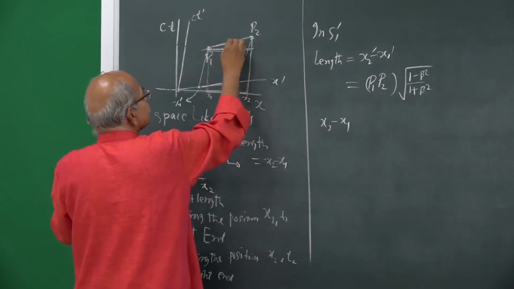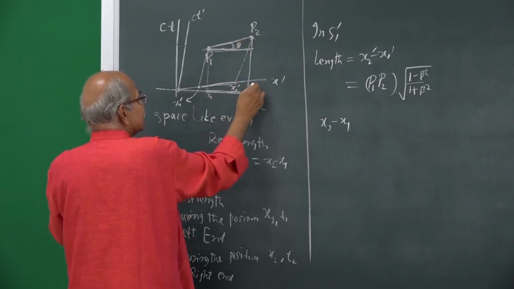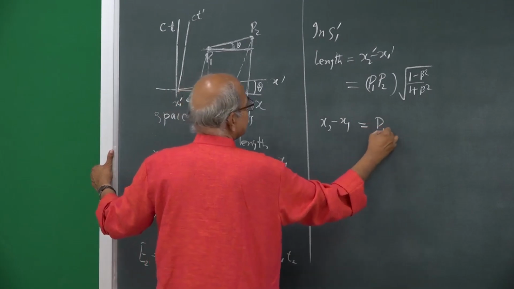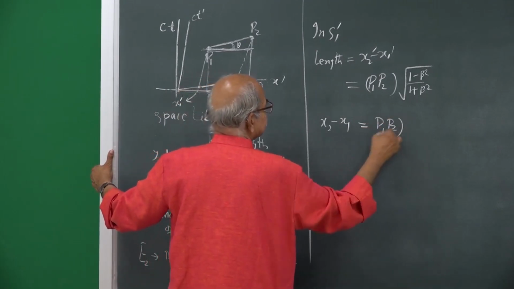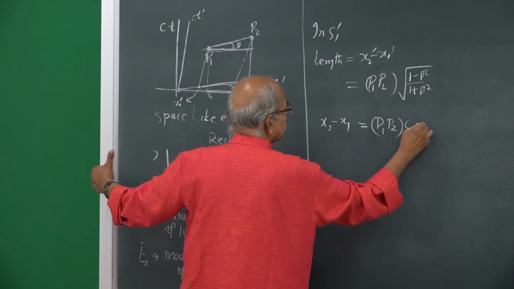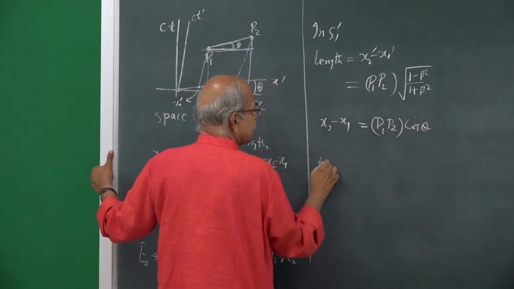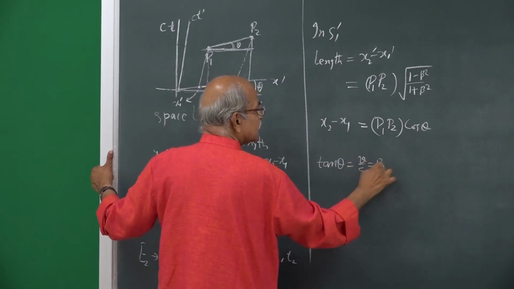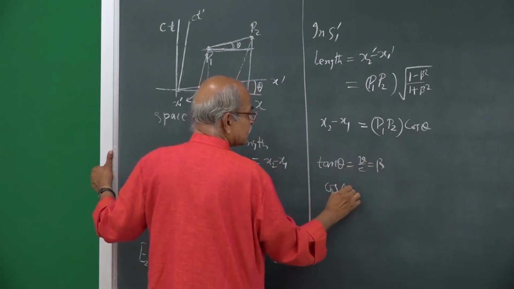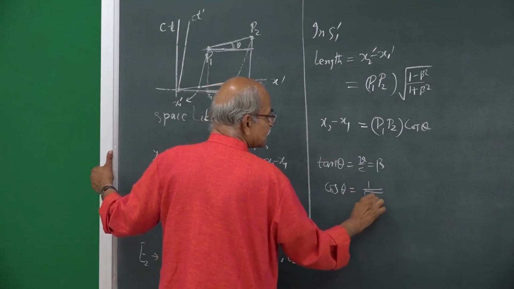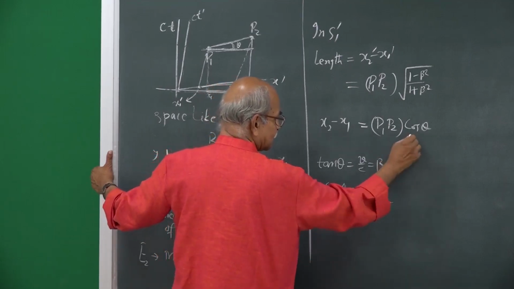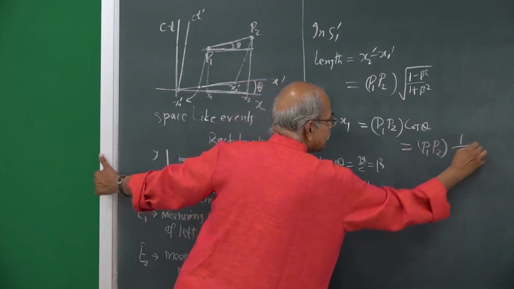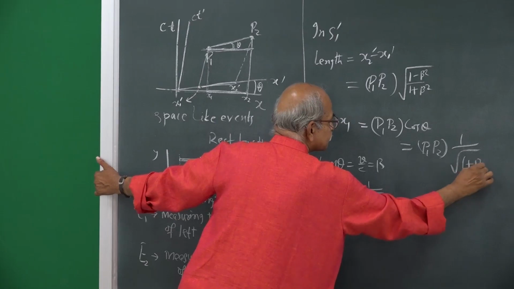And what is this length? If this is theta, then this length is P1 P2 times cos theta, and since tan theta is v by c, which is beta, cos theta is 1 divided by square root of (1 plus beta square), and therefore this quantity is P1 P2 times 1 by square root of (1 plus beta square).